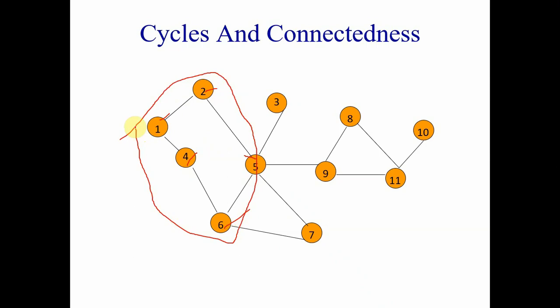What does that mean? If it is a cycle, as long as we remove only one link between them, we can still have those vertices connected. For example, if we just remove the link between 5 and 6, then 1, 2, 4, 5, 6 are still connected by the other edges.